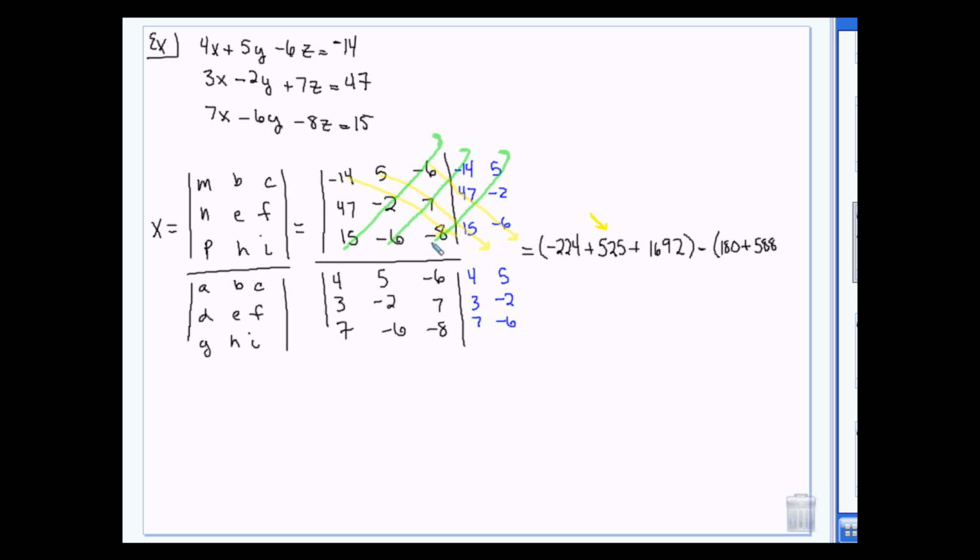And then 224. Yeah. 8 times 47 times 5 is, yeah, I'm just throwing in the negatives in a minute.